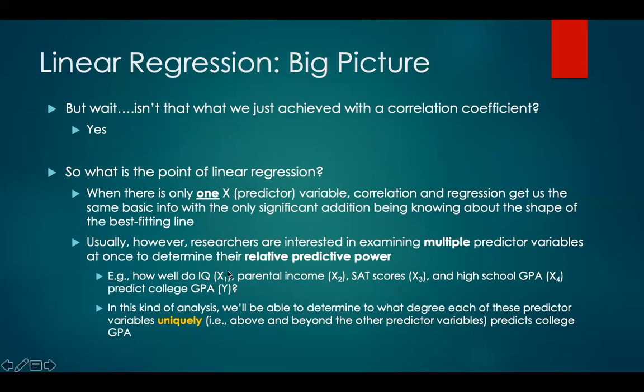So how well do IQ, parental income, SAT scores, and high school GPA predict college GPA? In this kind of analysis, we'll be able to determine to what degree each of these predictors uniquely predicts college GPA. By uniquely, I mean above and beyond the other predictor variables in the model.